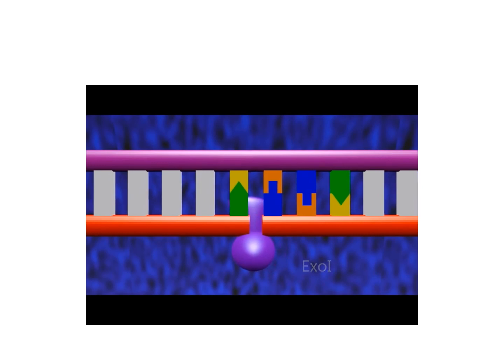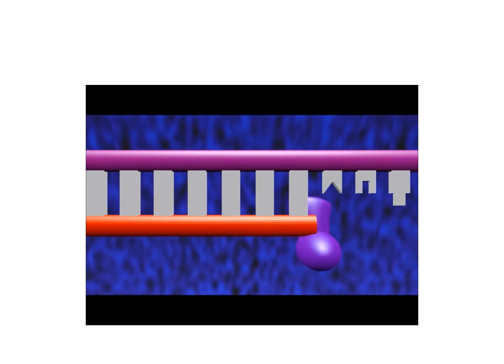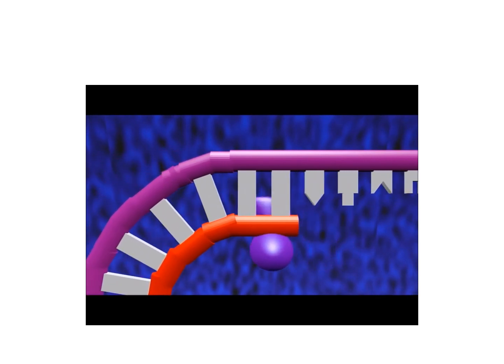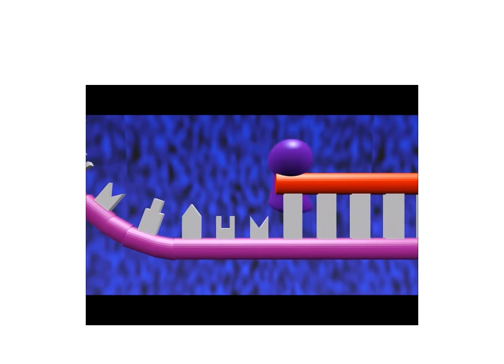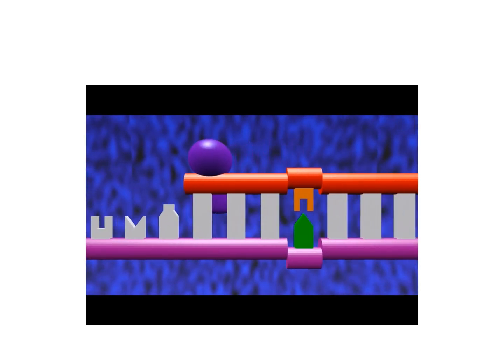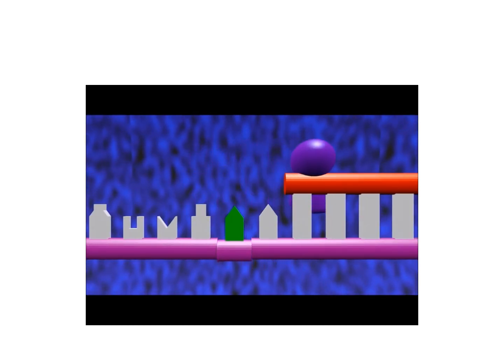The newly formed backbone incision allows an exonuclease to enter and begin excising nucleotides from the newly synthesized strand. The exonuclease excises the mismatched nucleotide and stops excising just beyond it.